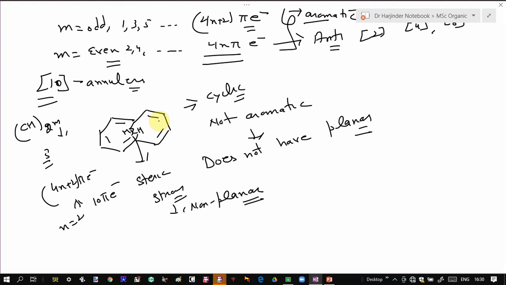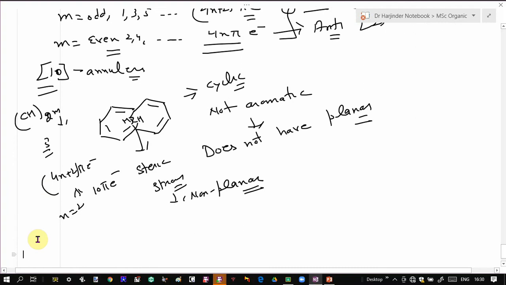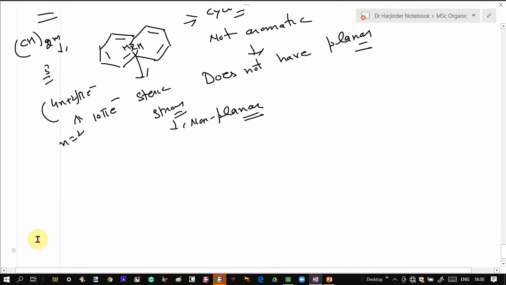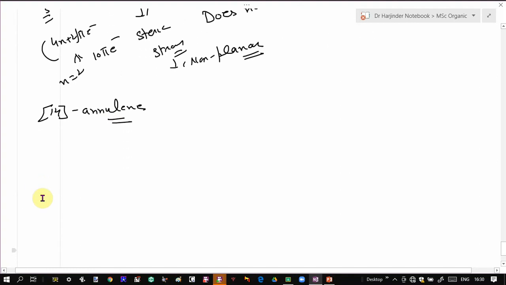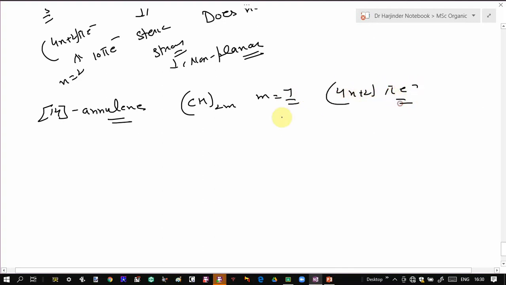Similarly, let's take the other example of some bigger annulene. For example, if you have a [14]annulene. Now [14]annulene means you have 14 carbon atoms there. It's a monocyclic ring system with 14 carbons. So here again n will be 7. If you take its general formula, n is 7, so it is odd. So it will have a 4n plus 2 pi electron system.